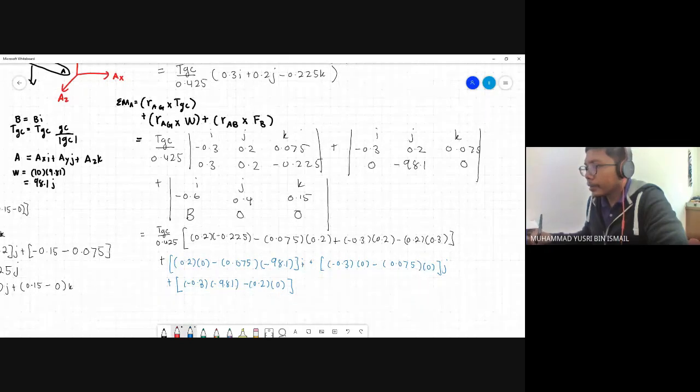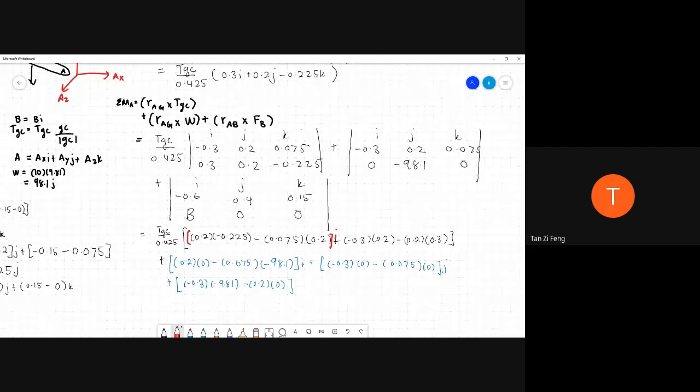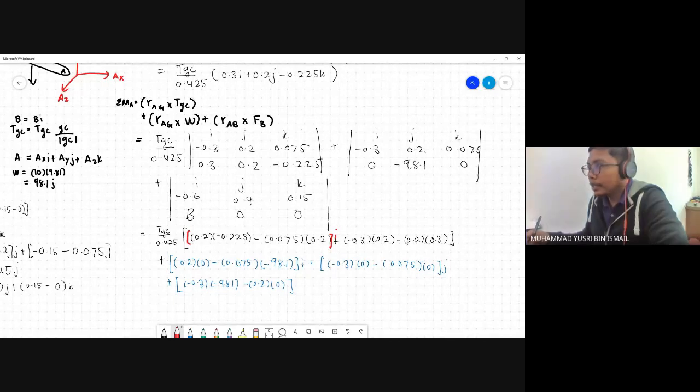Okay, this one is for I. Sir, for the TGC, we need calculate the value J. Yeah, okay. J negative 0.3 times with negative 0. Okay, I did not include the J. So now I will include J.